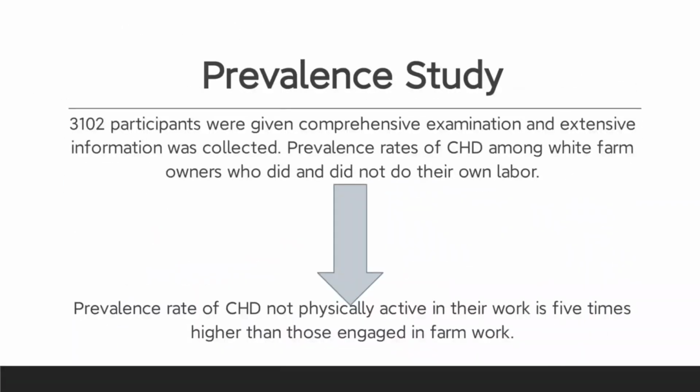So, this is another example to make it clear, no? Sabi niya dito, 3,102 participants were given comprehensive examination and extensive information was collected. Prevalence rates of CHD or yung chronic heart disease among white farm owners who did and did not do their own labor. So, ano nangyari?